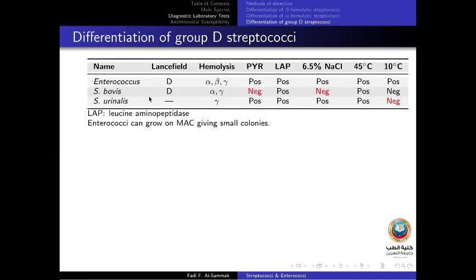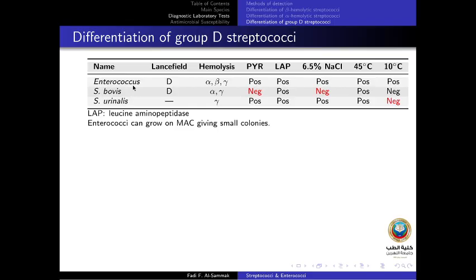And here, you may ask, why do we have then the Streptococcus urinalis in this table? Well, Streptococcus urinalis is not known to associate with a human disease, but it is presented here because they pose a technical problem during identification. They can lead to a misleading result in identification because they show similarity with Enterococcus in all these tests.